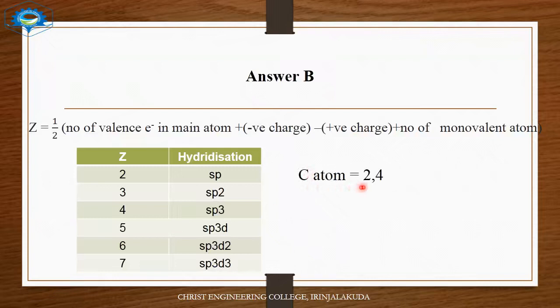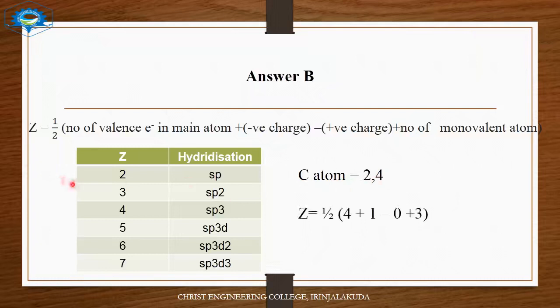So here we have the carbon atom with electronic configuration 2, 4. The total atomic number is 6, and it is configured as 2, 4.